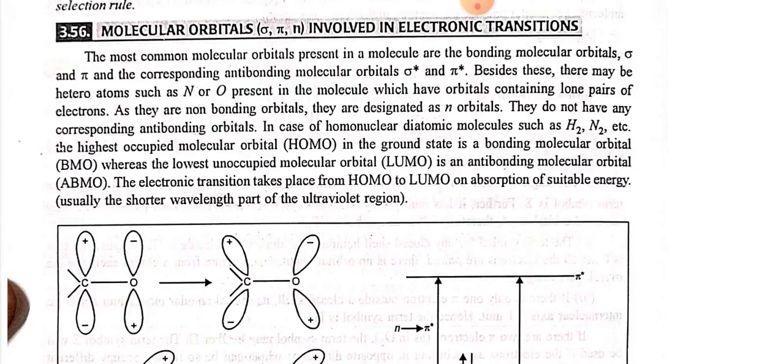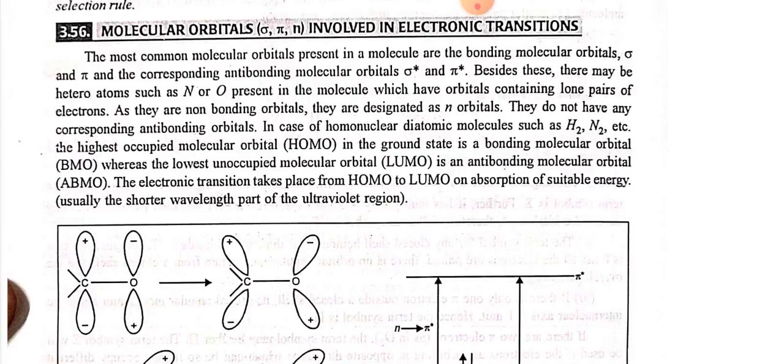Besides, there may be a heteroatom N or O present in a molecule. Then they have an orbital containing a lone pair of electrons. As that of non-bonding electron pairs, they are designated by n, that is non-bonding orbitals, and they do not have any corresponding antibonding orbitals.